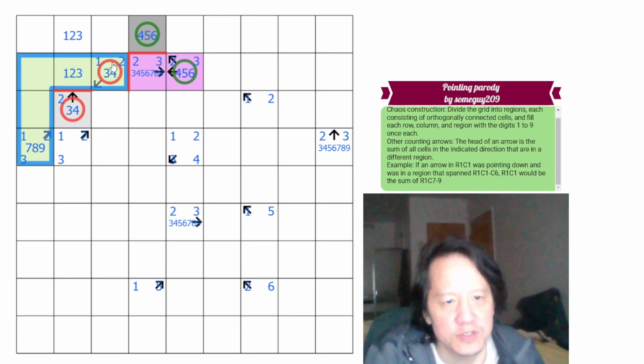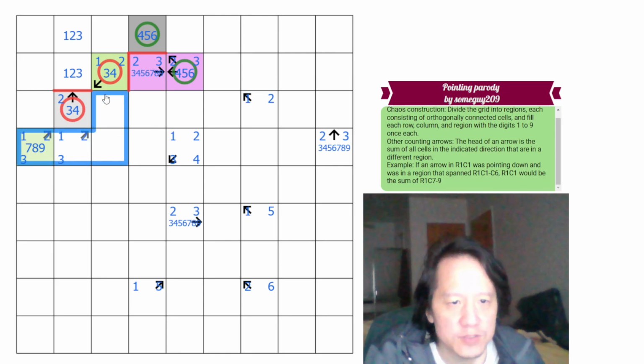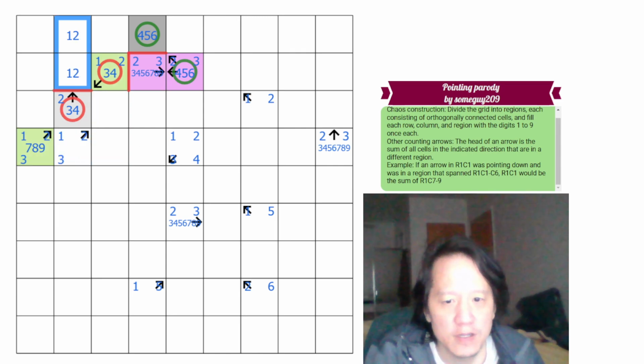So if it goes this way, these are obviously all part of a different region than the peak. So therefore, this would have to be 6. But if it goes this way, in some way, this blocks the pink from ever going here. So therefore, this would also be not part of the same region.